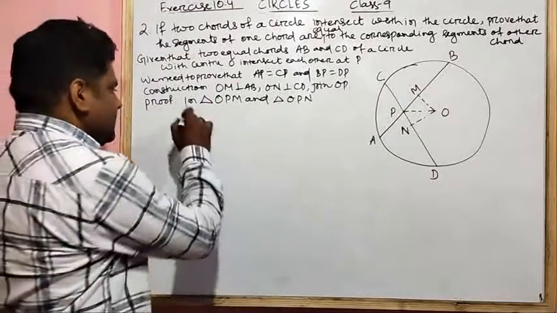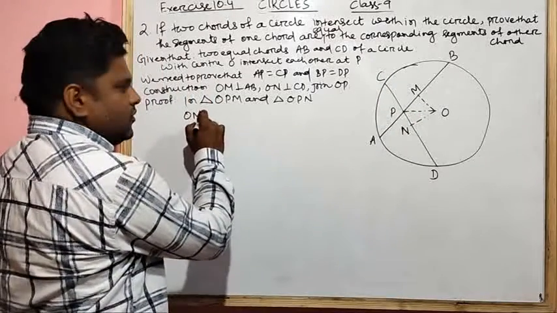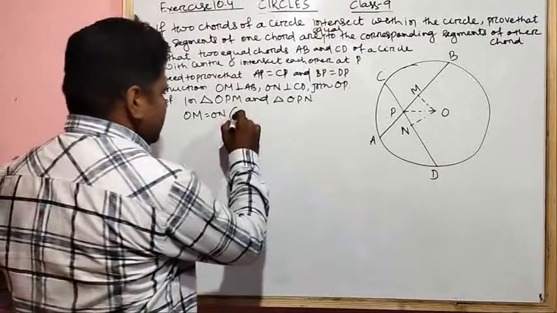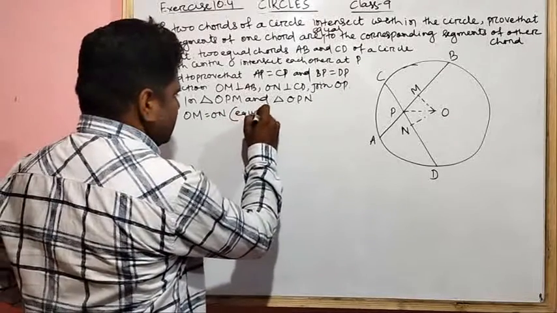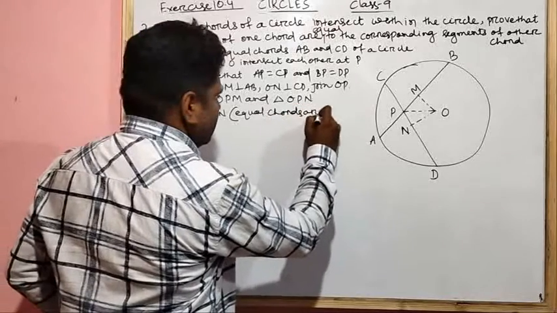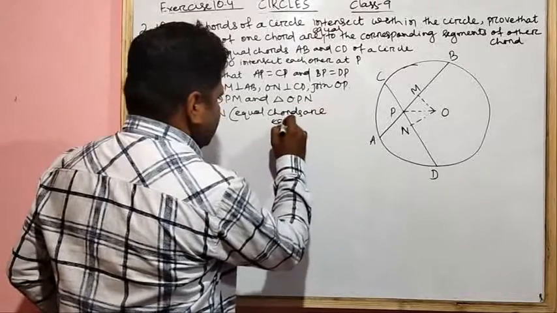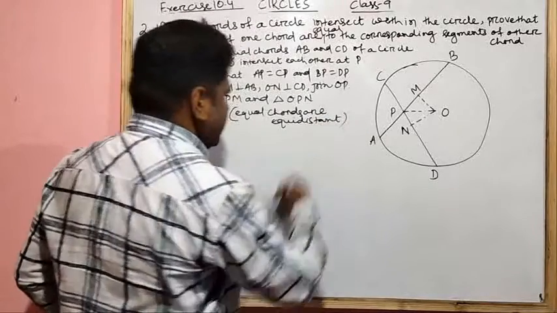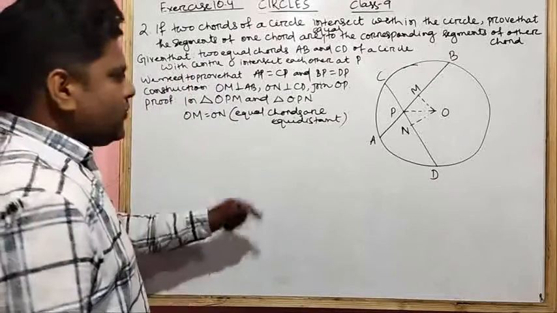So we can write OM equal to ON. Equal chords are equidistant from the center of a circle. Now OP is common side.